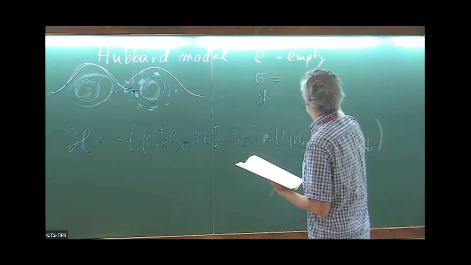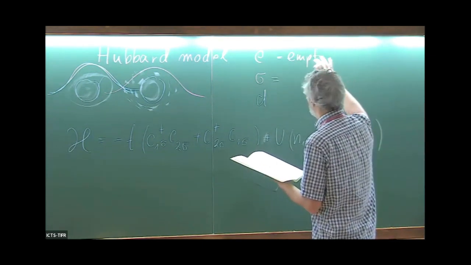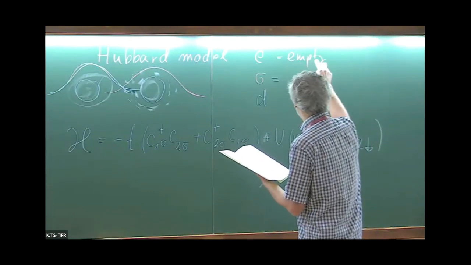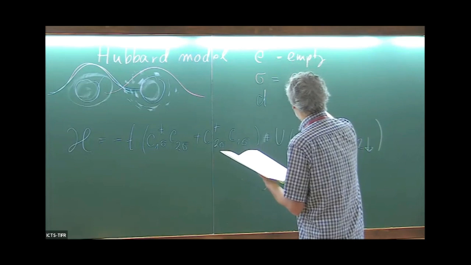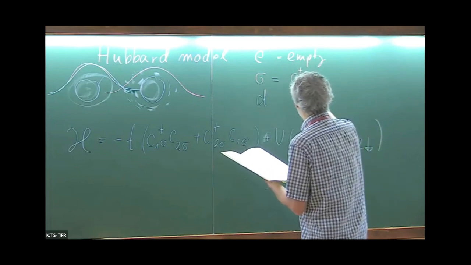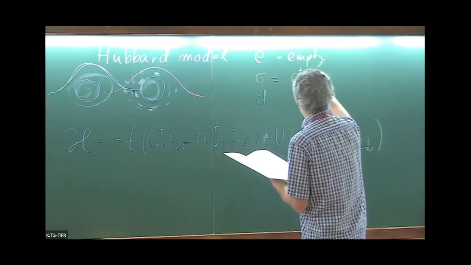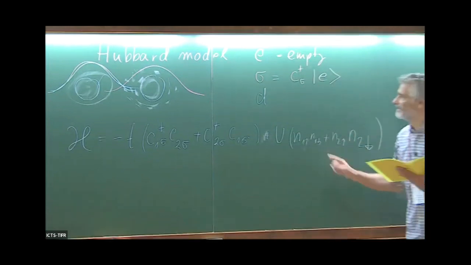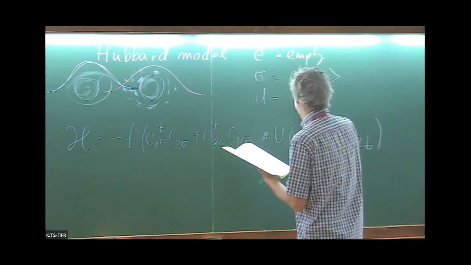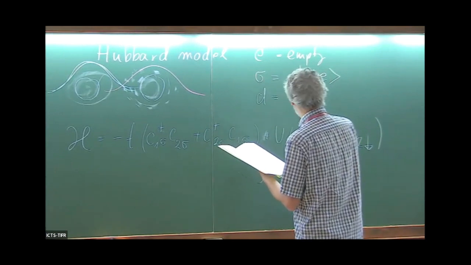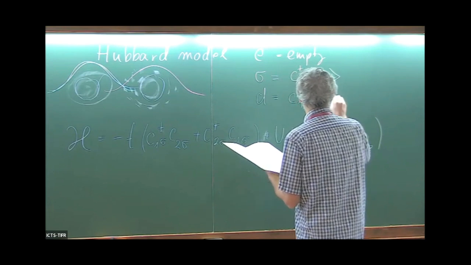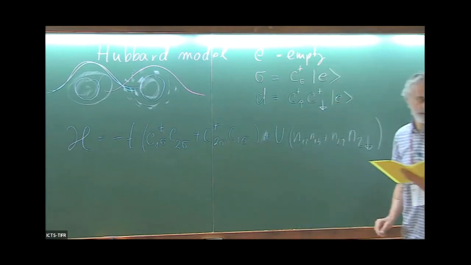Empty is just nothing. For sigma, I take the empty site and apply the c dagger sigma operator on it. And for the double, I apply c dagger up, c dagger down on the empty site.